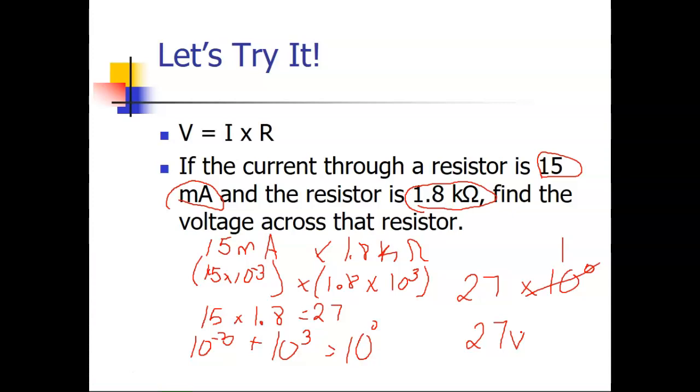Because that's not 15, that's 15 milli. What you just did was multiply 0.015 times 1800. That's not 1.8, that's 1,800. Does that make sense?